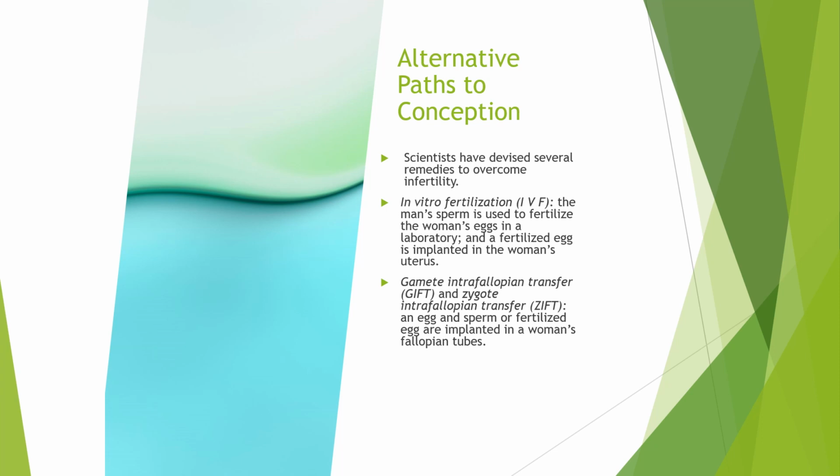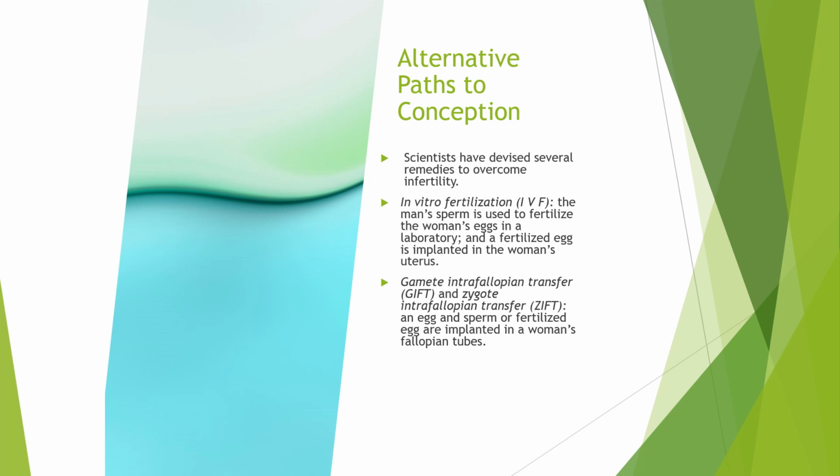And what happens here is an egg and a sperm or fertilized egg are implanted in a woman's fallopian tubes. So in in vitro fertilization, the fertilized egg was implanted into the woman's uterus. With the GIFT or the ZIFT, the fertilized egg is implanted into the woman's fallopian tubes.